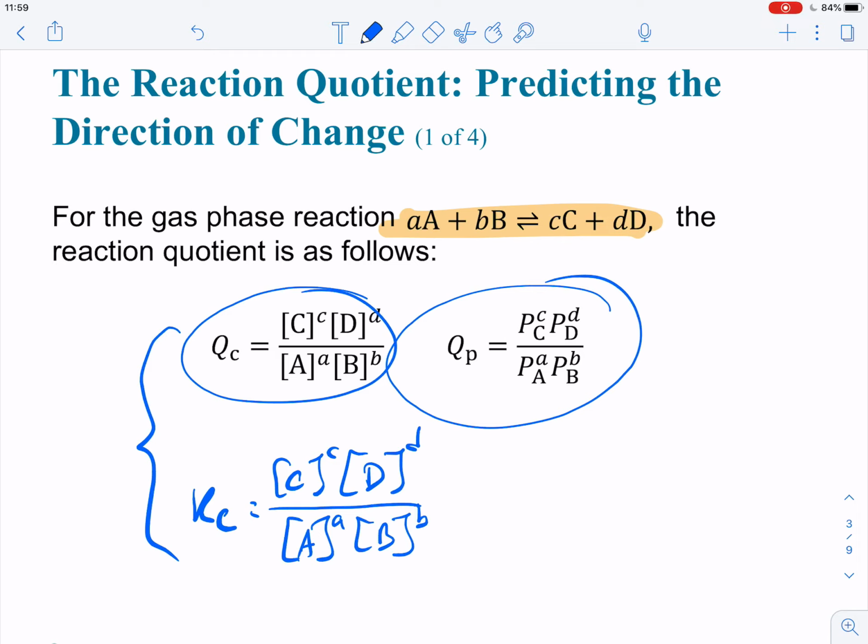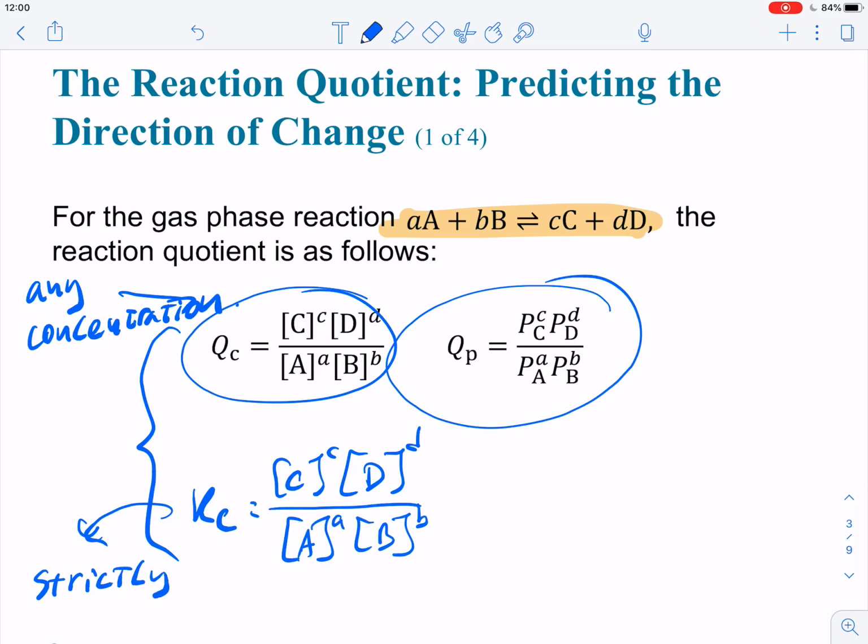The difference is simply that for the reaction quotient, the concentrations can be any concentrations. You absolutely don't care whether they are initial, final, or whatever. They could be anything. You can plug in absolutely any given concentration that you have at hand. However, for the equilibrium constant, they are strictly equilibrium concentrations.